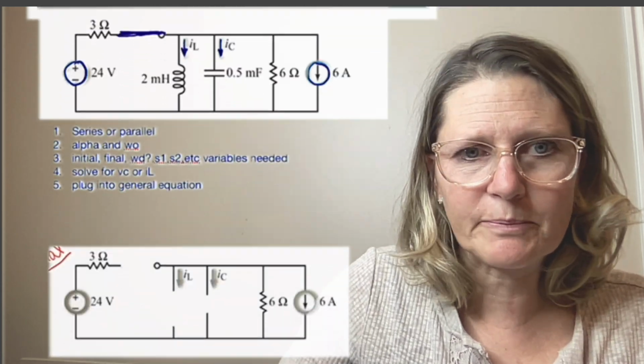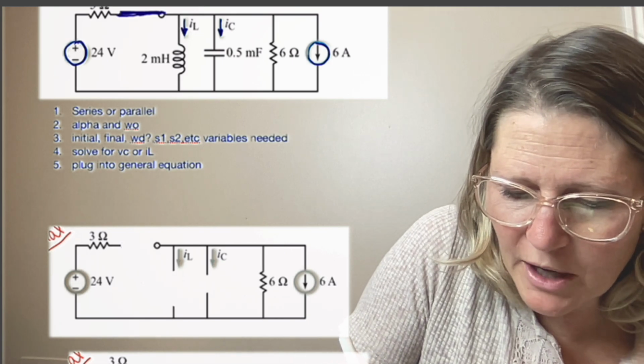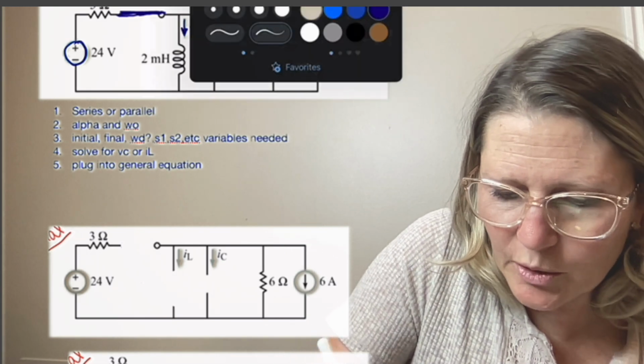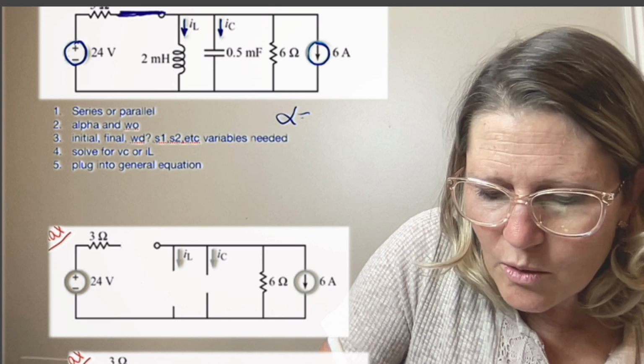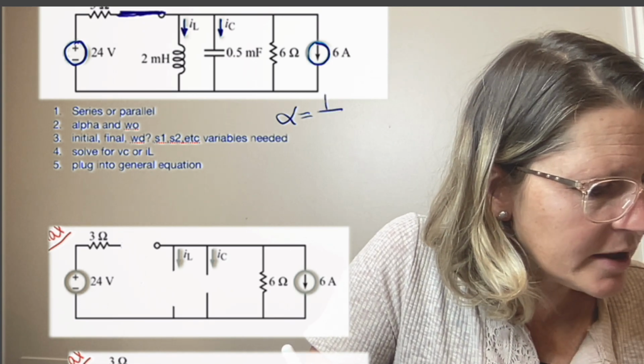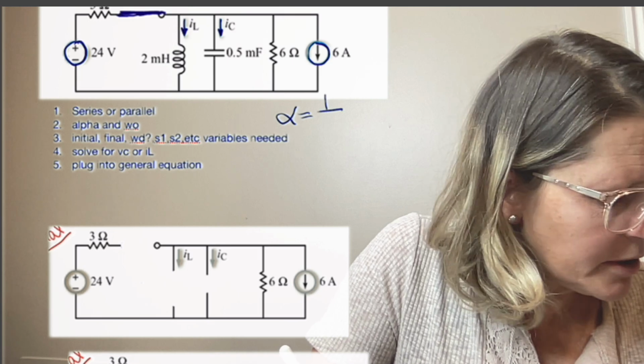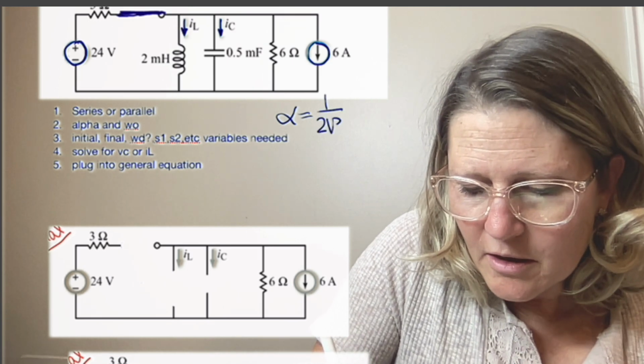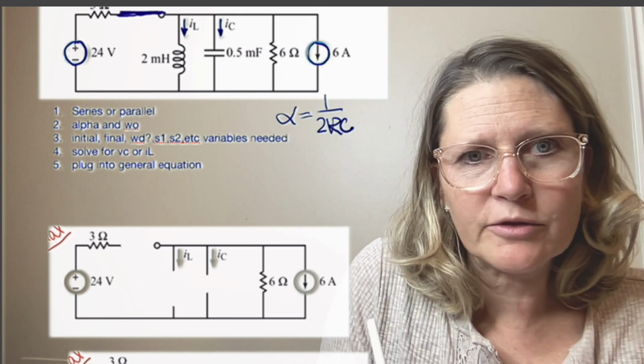So you can go and find the equation for alpha and omega naught, and then we're going to compare them. Alpha for parallel form is going to be 1 over 2RC. And the R is determined by the final circuit.